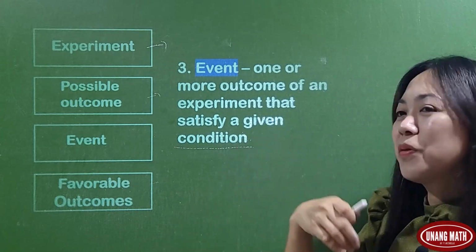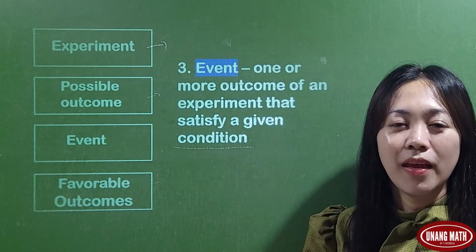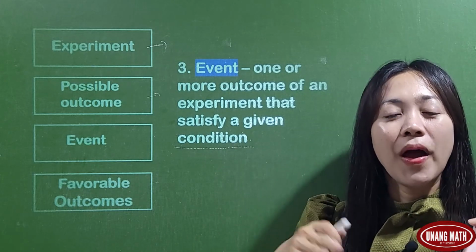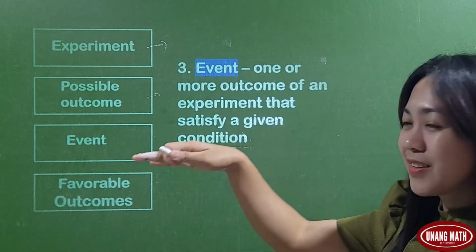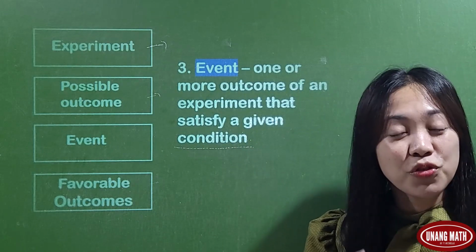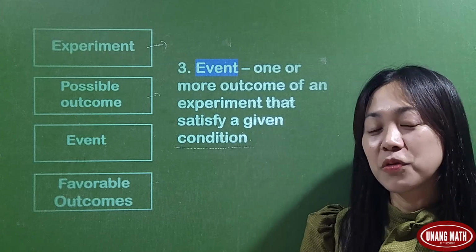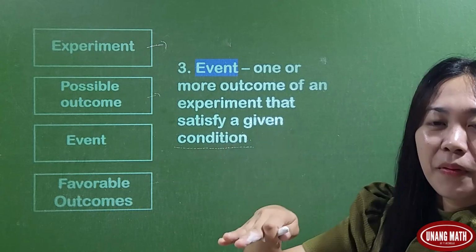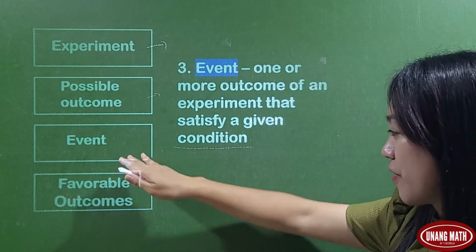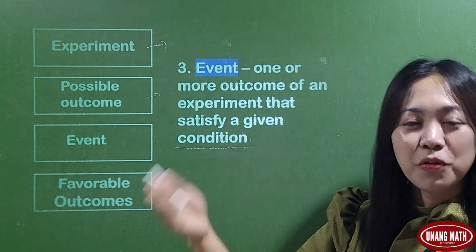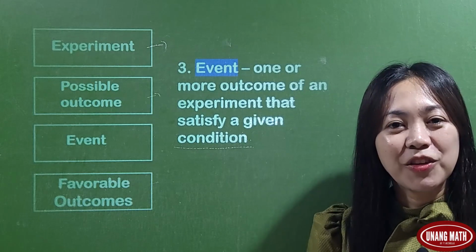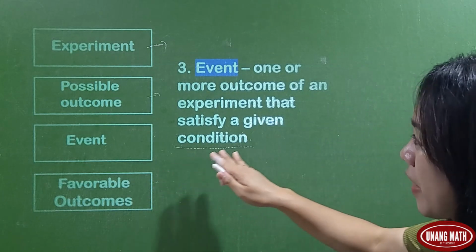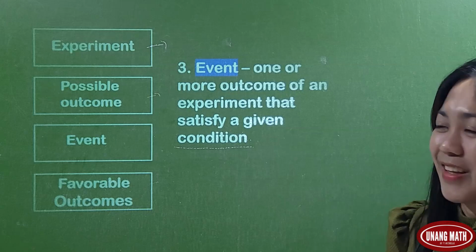For example, if the condition is to choose the prime numbers from a set of numbers, then we have to choose those prime numbers. Other events can be odd numbers, composite numbers, or numbers that have factors of 2. Those are examples of events or conditions.